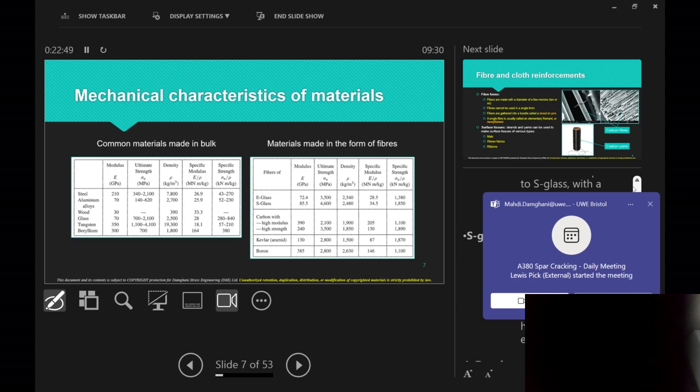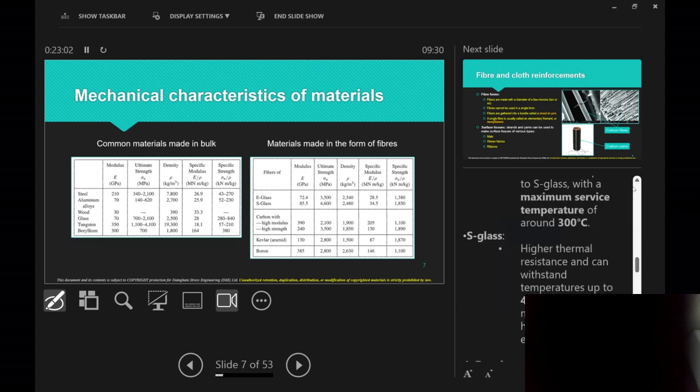S-glass is structural glass. E-glass is heavier, so the density is roughly 2.54 grams per cubic centimetre, and S-glass is around 2.48. So it's lighter. As its name suggests, S-glass is a structural glass, which is stronger.